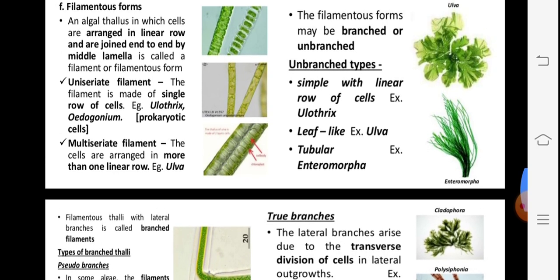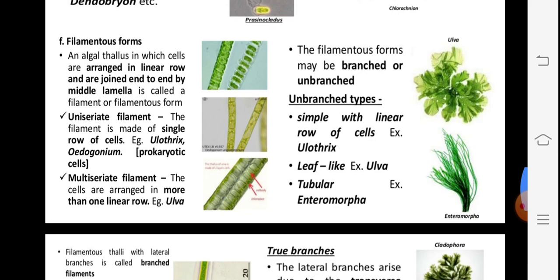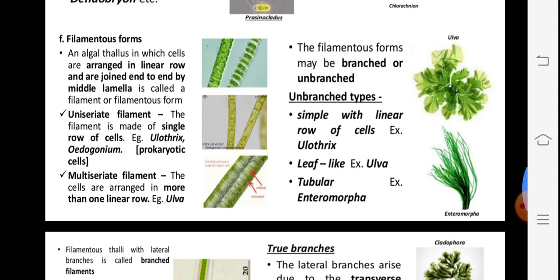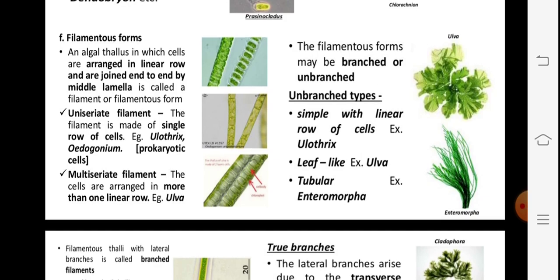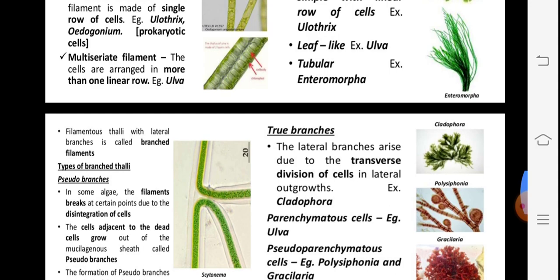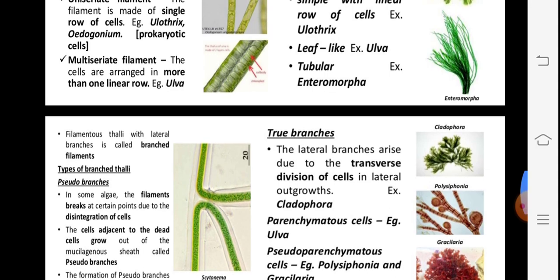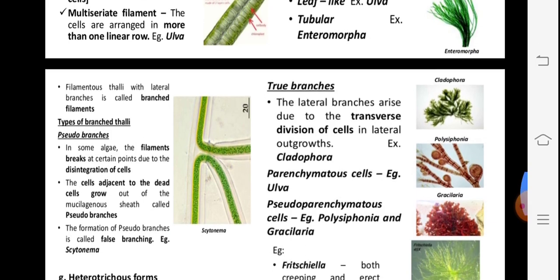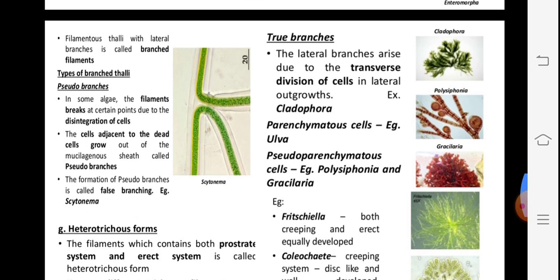Then Enteromorpha, which is also reported from red algae, but is grouped under this Chlorophyta. Here you are observing false branching, but it is not seen in Chlorophyta. Scytonema is from the Cyanophyta.